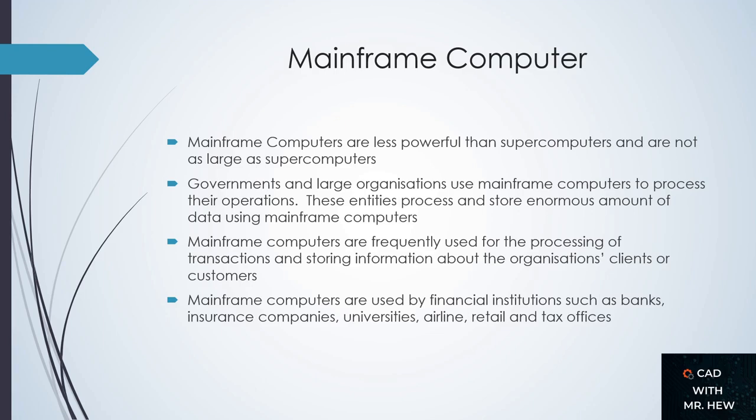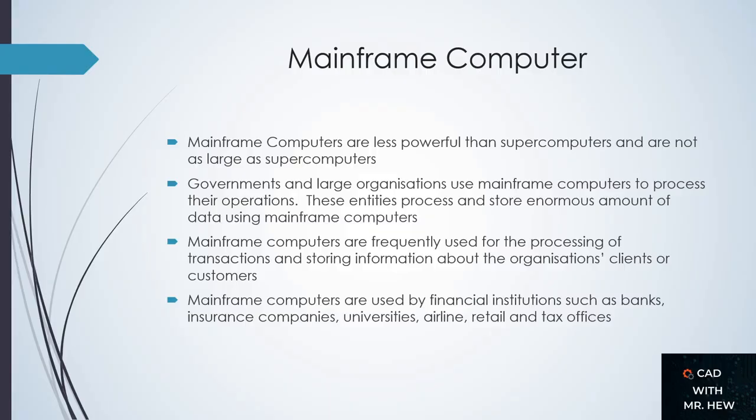These entities process and store enormous amounts of data using mainframe computers. Mainframe computers are frequently used for the processing of transactions and storing information about the organization's clients or customers.